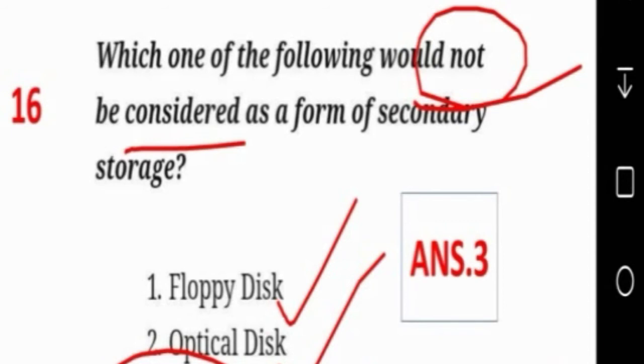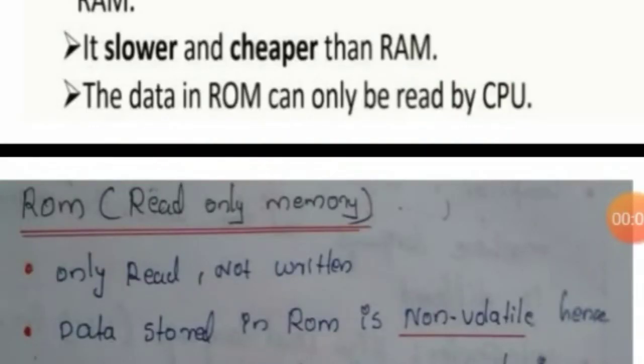The next important memory is ROM, read-only memory. Data stored in ROM is non-volatile memory because it is not lost when the power is disconnected. It is a permanent memory. Another point: the capacity of ROM is comparatively smaller than RAM.